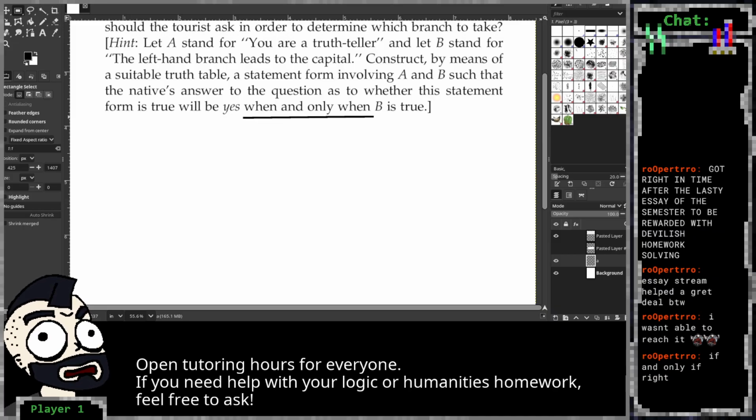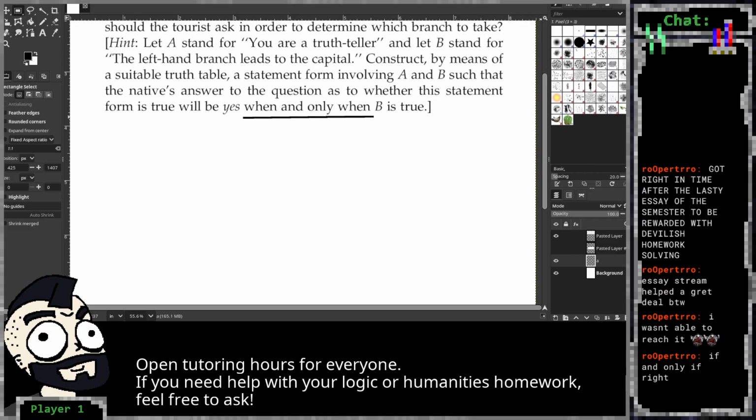And they would just say yes or no. If they say yes, then left. If no, then right. As simple as that. But if we ask that question to a knave, they will say the opposite. And we don't want that.